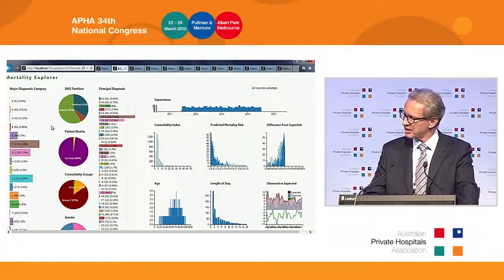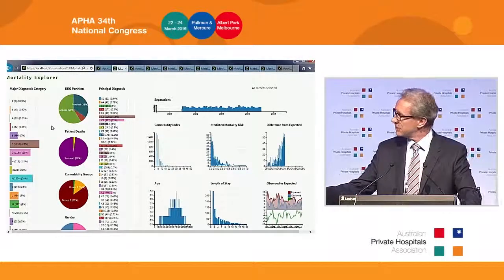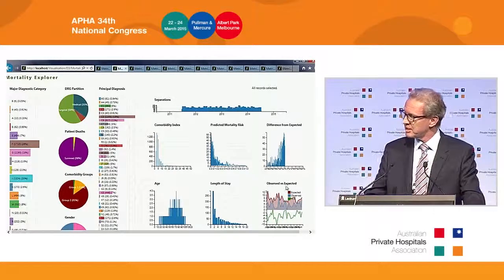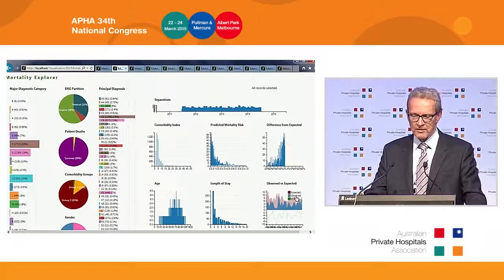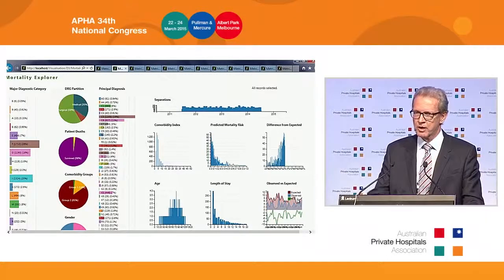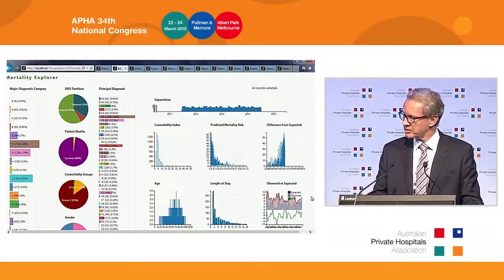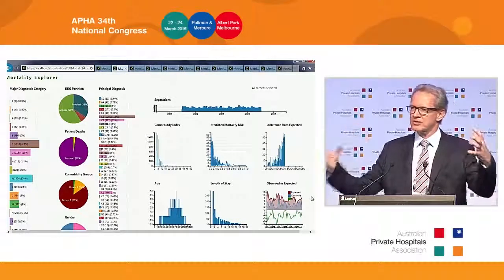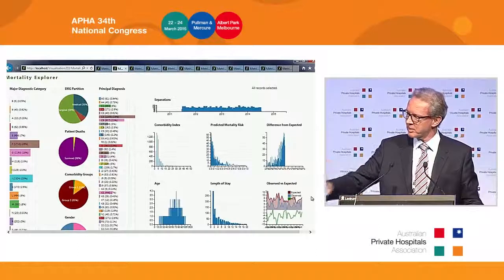And then a very interesting line there, the third one along in the middle there, was difference from expected, and you have to take my word for it if you can't see it on the screen, but it's all negative, which basically means that the observed is always better than the expected, so we've got a negative report against the HSMR, so that's why the hospital sits underneath the 100, because it's got less than expected. And that's in the bottom right-hand corner, there's that green line, which is in the negative zone. So we've tried to pull this data apart, look at its characteristics, and then try and display that.